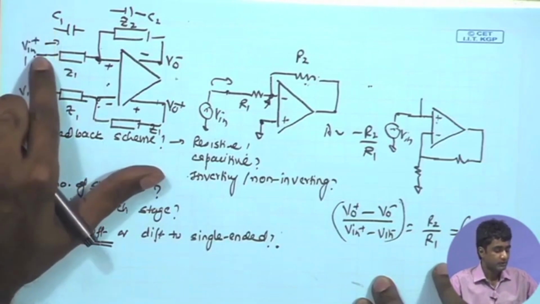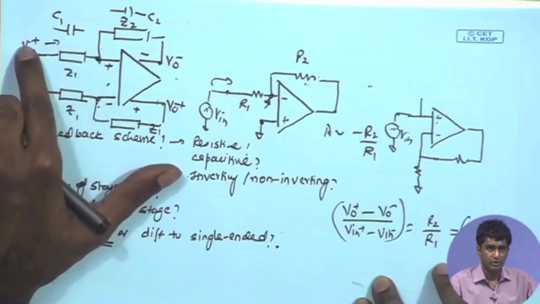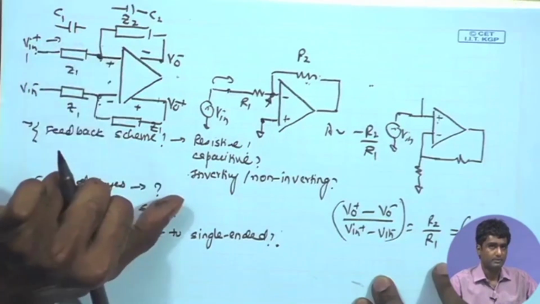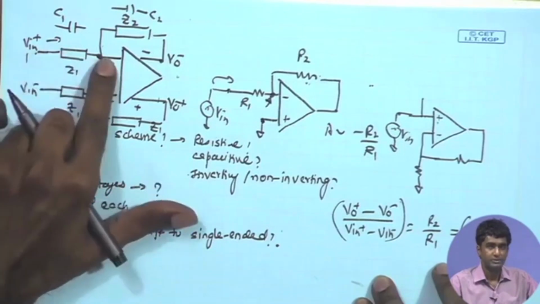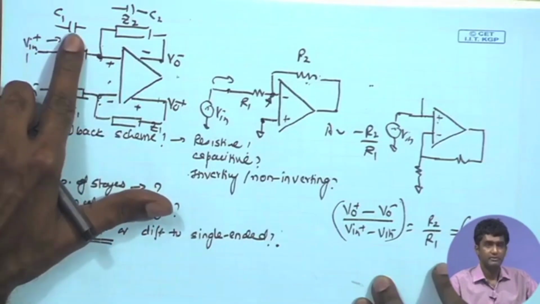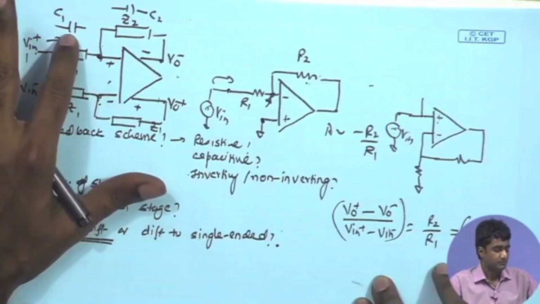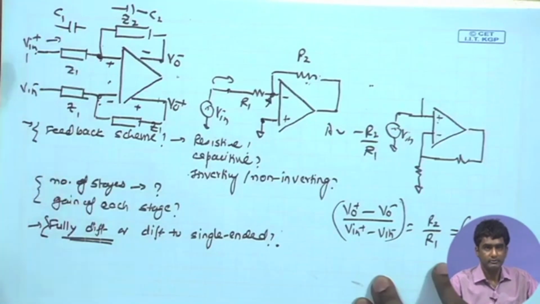The second point is input impedance in that case. Because the resistive element has been eliminated, you have only C1 coming into the picture from the input to the inverting and non-inverting terminals. So the effective input impedance will be just given by 1 upon omega C1 at those frequencies, and if the C1 values are small enough, the impedance at the desired frequency can be sufficiently large.